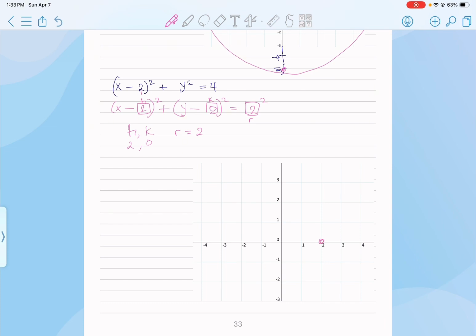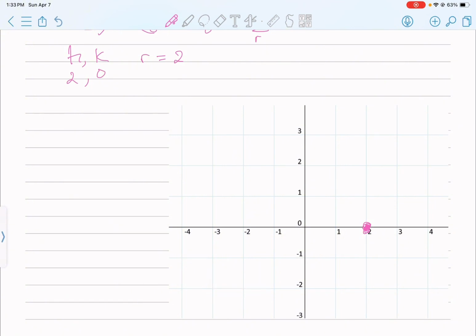So now, 2, 0, right? And the radius is 2, right? Up 1, 2. 1, 2. Did you see that? So could I try drawing a circle? Okay, yes. Please. Okay.